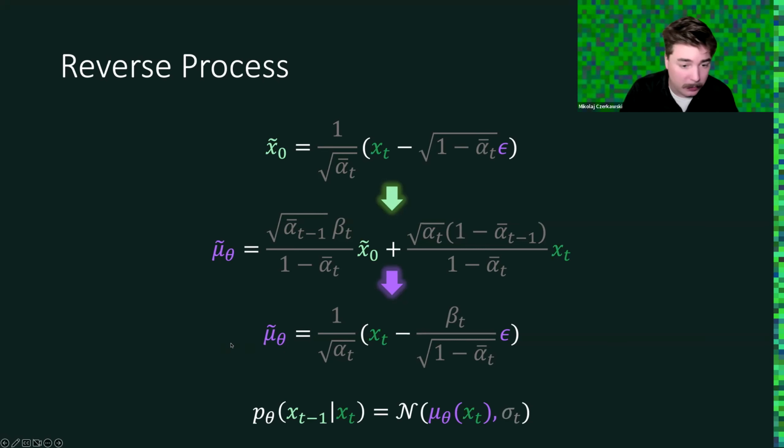And just to summarize, the reverse process where you go to the previous sample based on a current sample t is basically a normal Gaussian distribution where we use the mean, where we approximate the mean using the neural network in this equation, and sigma t is also predetermined. So once we have all these components, we can actually progress through the chain multiple times by following this equation and updating our t and xt.